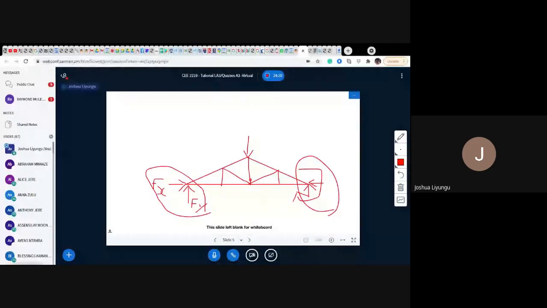That's what I mentioned. For the problems in this lecture, you need to understand the procedure of drawing a correct free body diagram, which was lecture A5 and lecture A2.